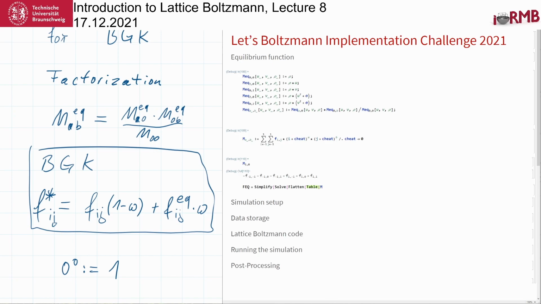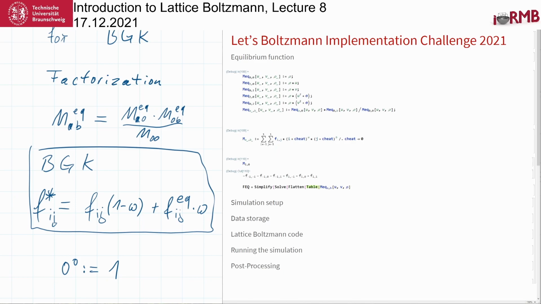So we generate a table of equations for all the different moments in equilibrium A, B, which are of course functions of u, v, and rho. This means we're calling these functions that we have up there.